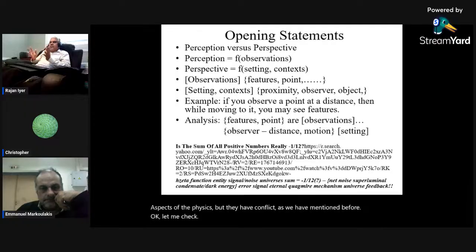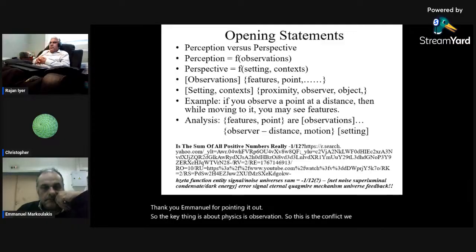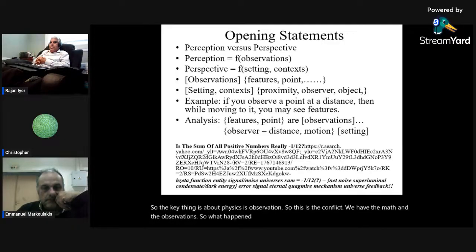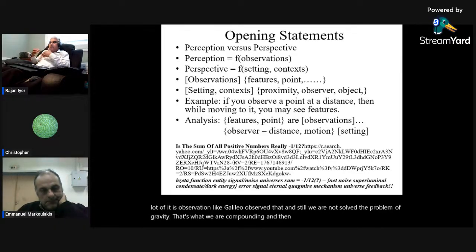So the key thing about physics is observation. This is the conflict we have: the math and the observations. Initially, in classical physics, a lot of it was observation, like Galileo's, and still we have not solved the problem of gravity. Later we started talking about light, and that is still going on.